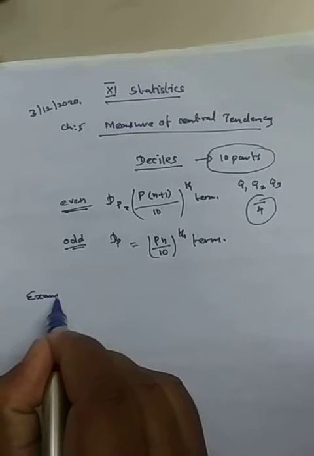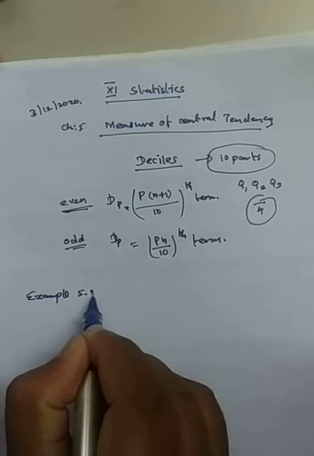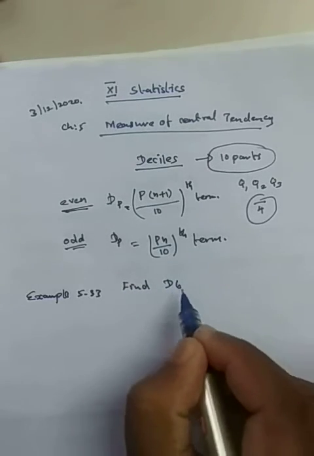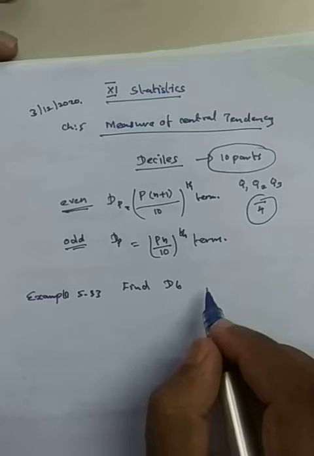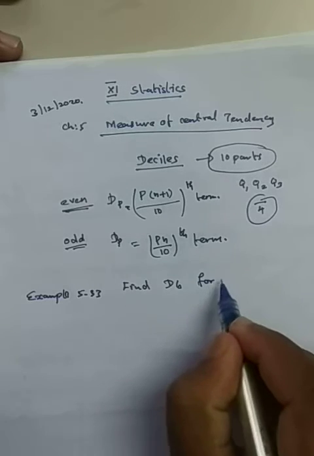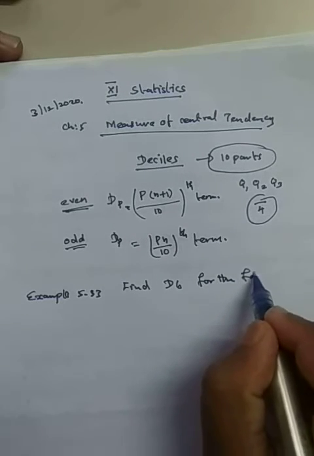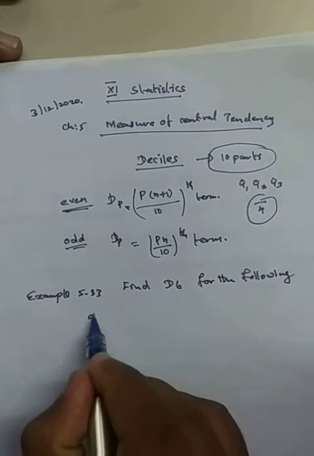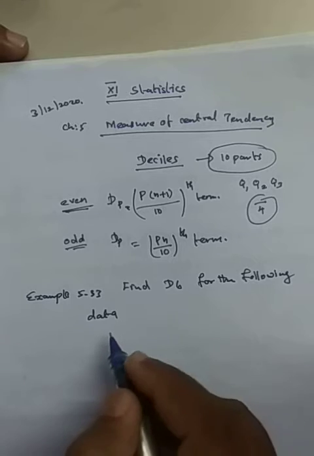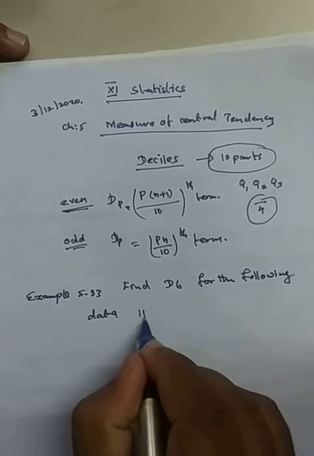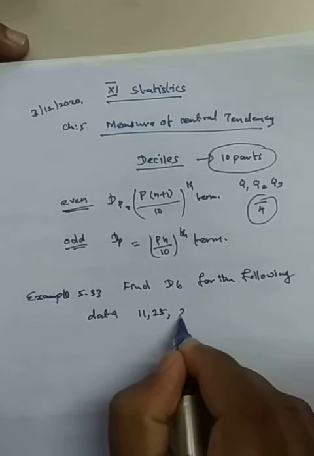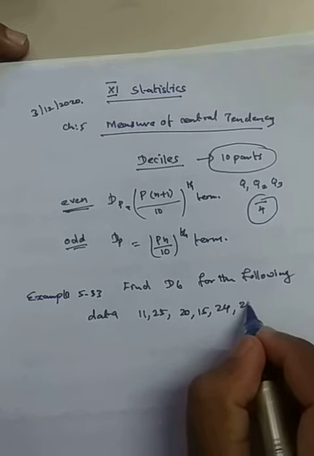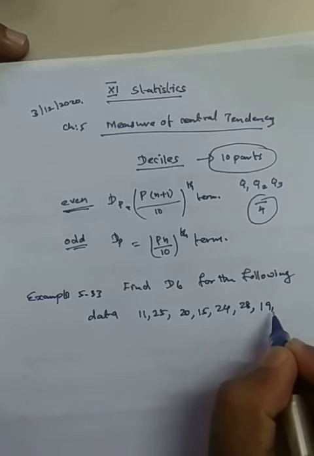Example 5.33: find D6 for the following data: 11, 25, 20, 15, 24, 28, 19, 21.